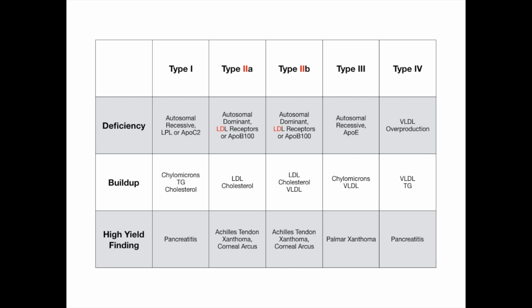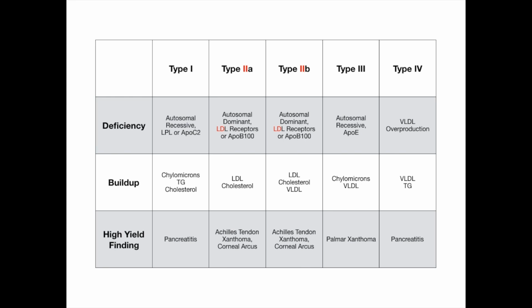So 2LD tells you LDL receptor deficiency and LDL buildup. You have 2 Achilles tendons, so you're going to see the Achilles tendon xanthoma. You also could see corneal arcus. Now, I didn't put that on the previous slide, but it ties right into my mnemonic. Just like you've got 2 Achilles tendons, you have 2 eyeballs. So corneal arcus will be in type 2, and Achilles tendon xanthomas will also be in type 2.